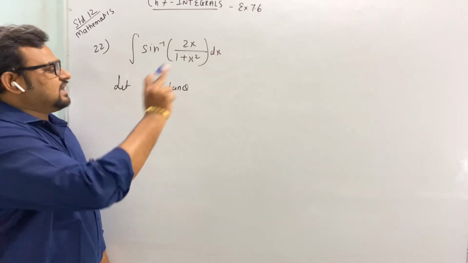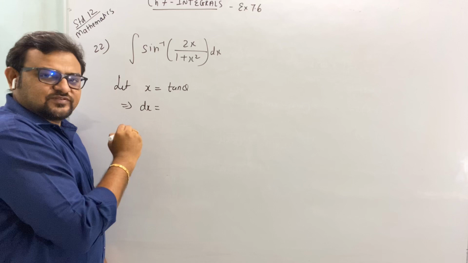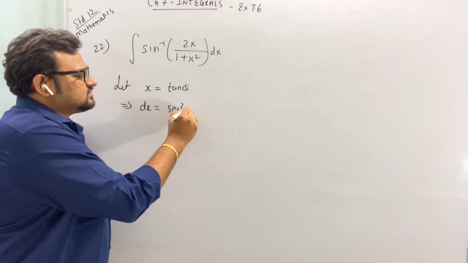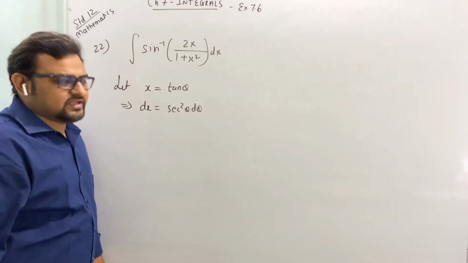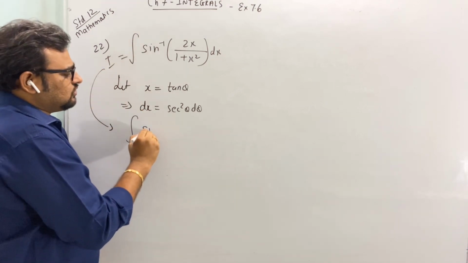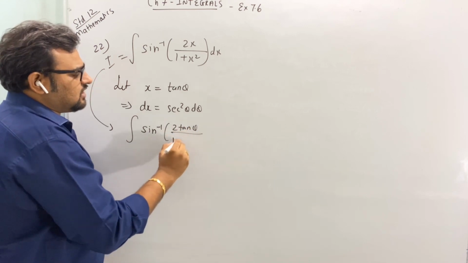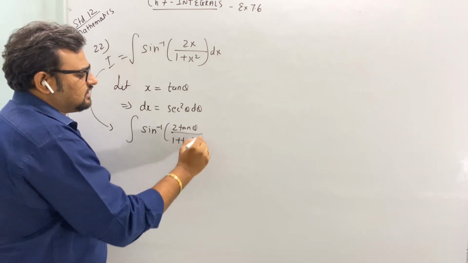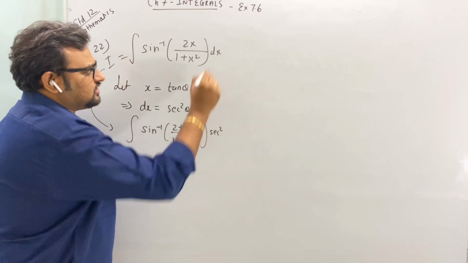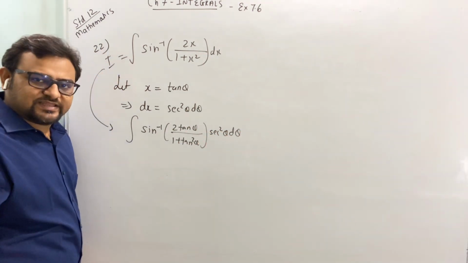Right? So x equal to tan theta, differentiate it. dx will be equal to sec square theta d theta. So now our integral will be equal to sine inverse of 2 tan theta upon 1 plus tan square theta, into, instead of dx, sec square theta d theta.